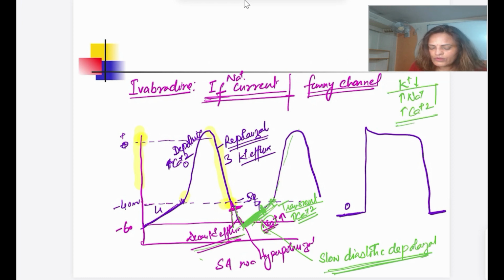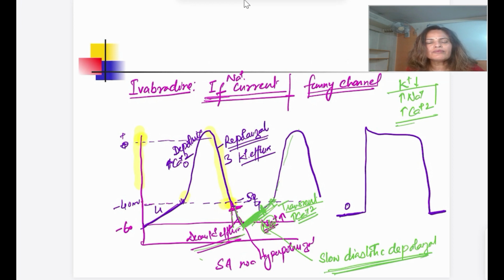Now this Ivabradine, what will it do, and why is it called funny? Usually this sodium channel opens in depolarization. When the cell achieves a certain threshold voltage, then this channel opens. Here this sodium channel is opening in hyperpolarization.